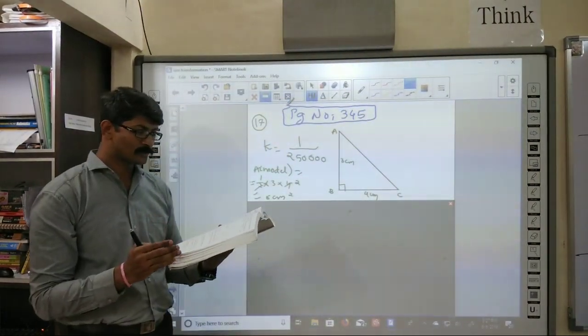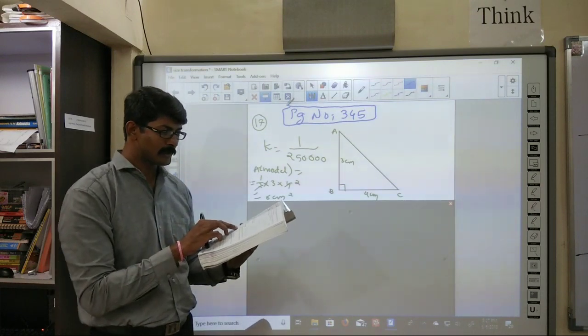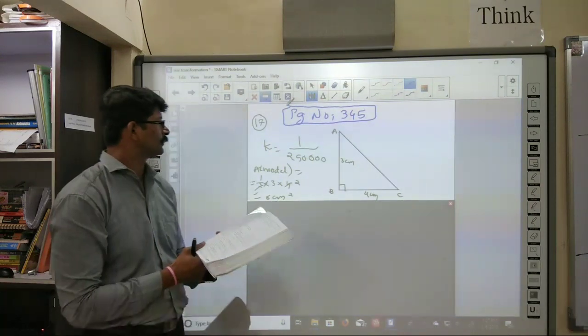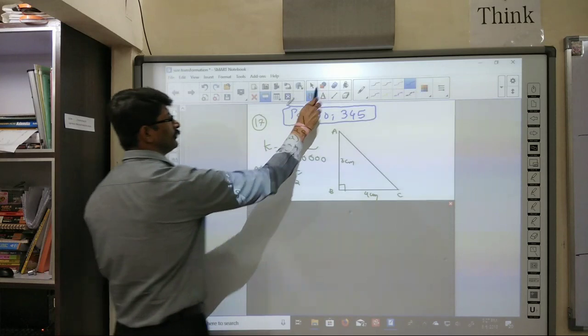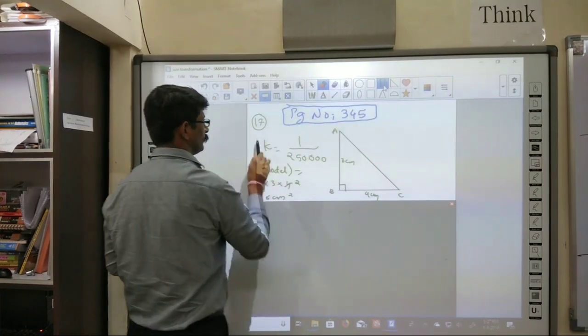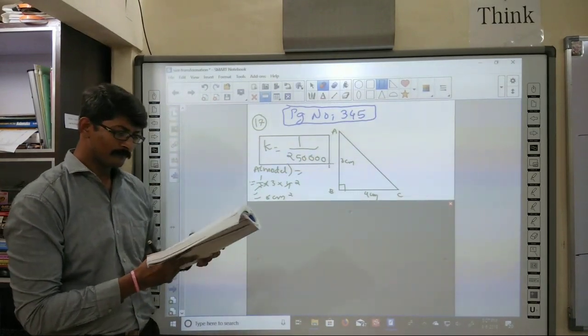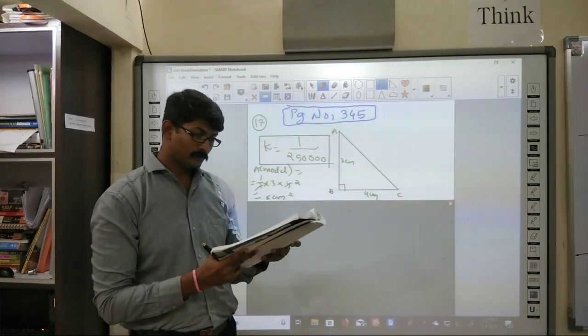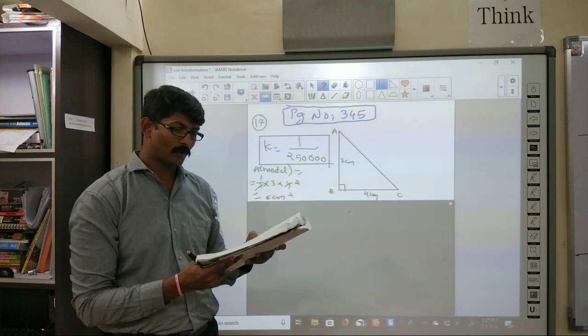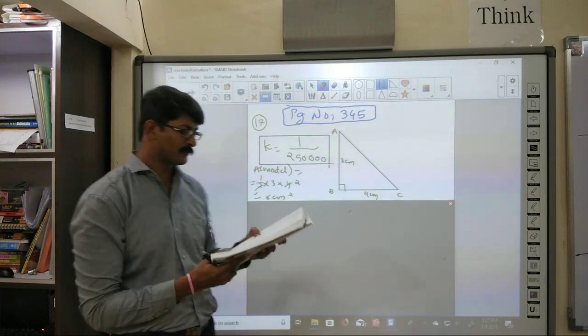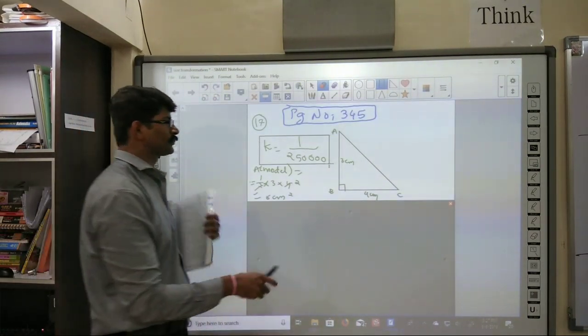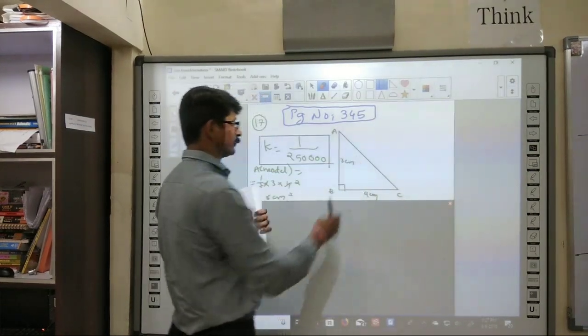On a map drawn to the scale 1:250,000, so I have written k as 1:250,000. A triangular plot of land has the following measurements. So there is a triangular plot, so I've drawn the triangle over here.